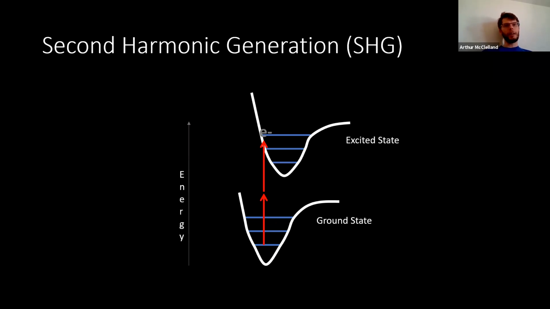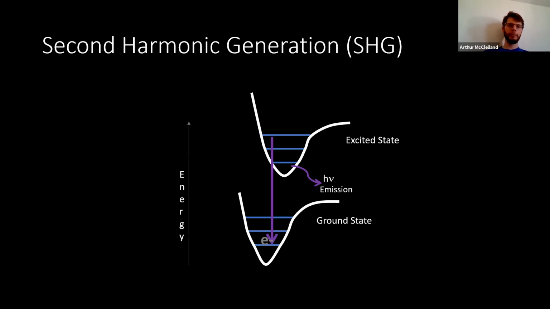And then in second harmonic generation, we'll go through selection rules and the deeper math next week. I just want to get everyone up to speed with the bigger picture of the different techniques this week. In second harmonic generation, we send in these two photons, and they're focused in time and space. And then the electron transitions right back down the way it came and puts out one photon at twice the energy of the input photon.